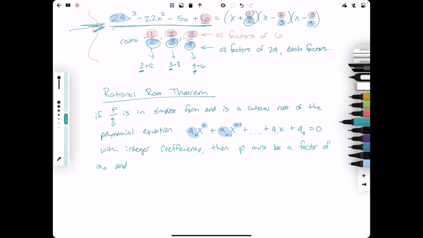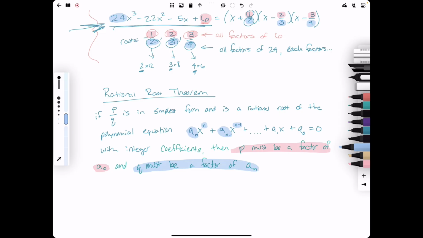And Q must be a factor of a sub n. I'm going to highlight these in the colors we were using above. So P must be a factor of a sub 0. That was the stuff we highlighted in pink just above. And Q must be a factor of a sub n. That's what we highlighted in blue above.